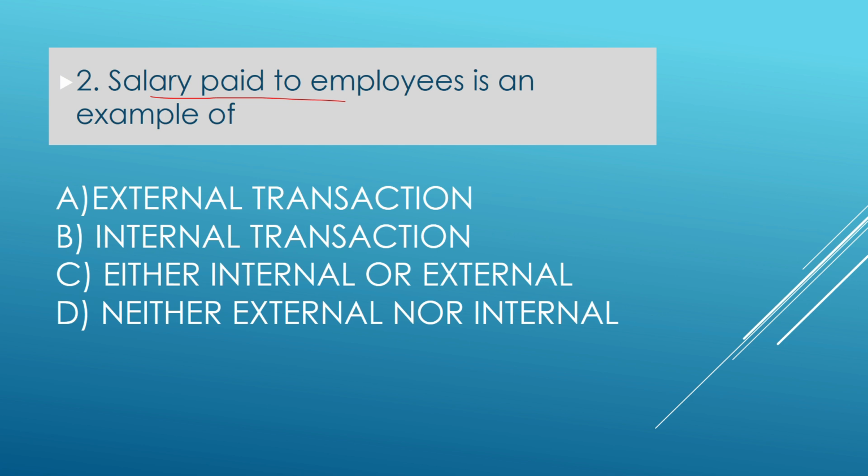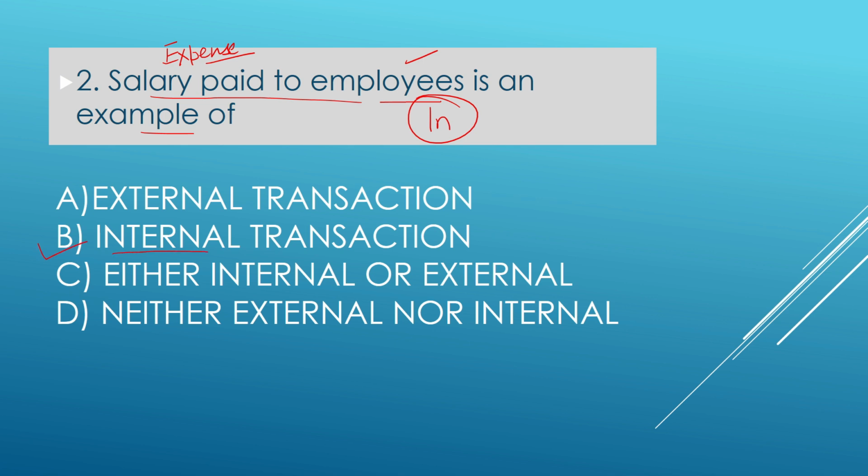Salary paid to employees is an example of. Whether you are paying salary or any other expense, salary is an expense and it is paid to employees. Employees are within the business organization. Therefore, any transaction related to the persons who are within the organization is an internal transaction.